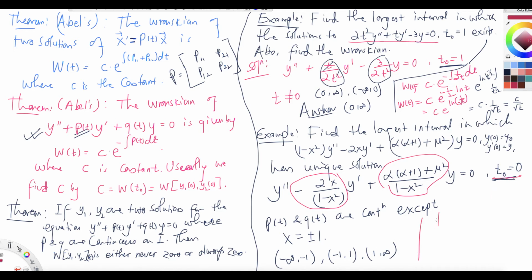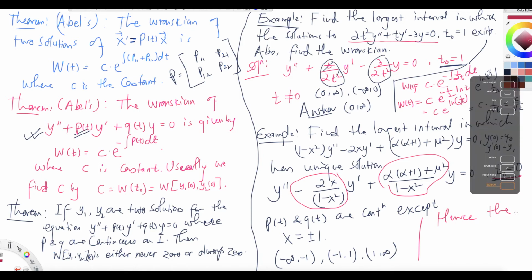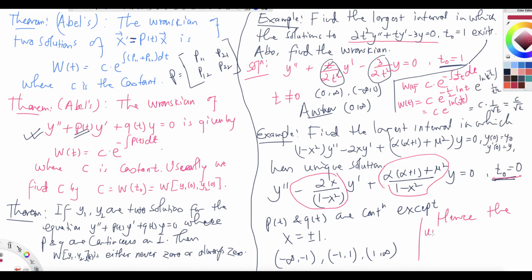So hence the unique solution exists in the interval negative 1 to 1, or you can write negative 1 is less than x is less than positive 1. So this is how you find the interval where the unique solution exists.